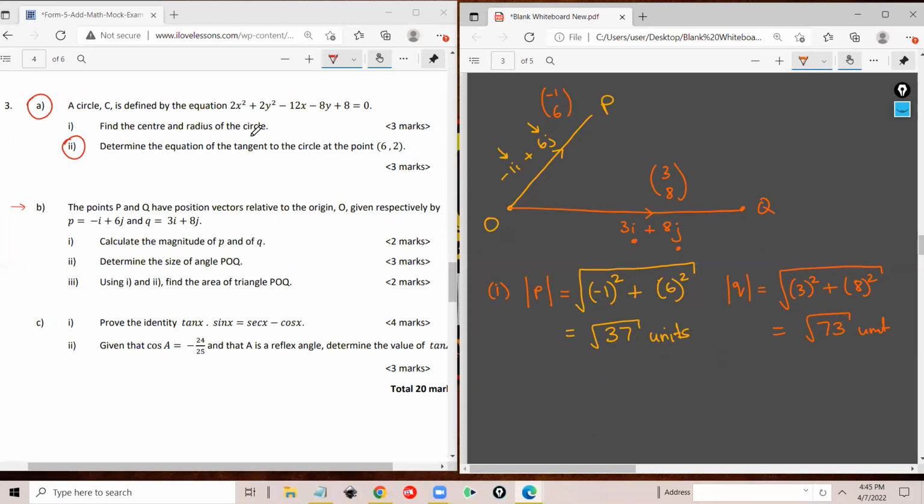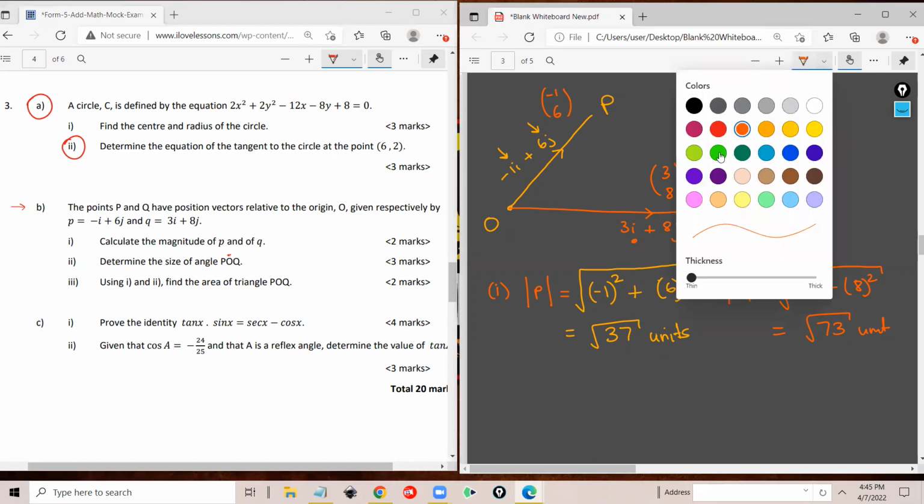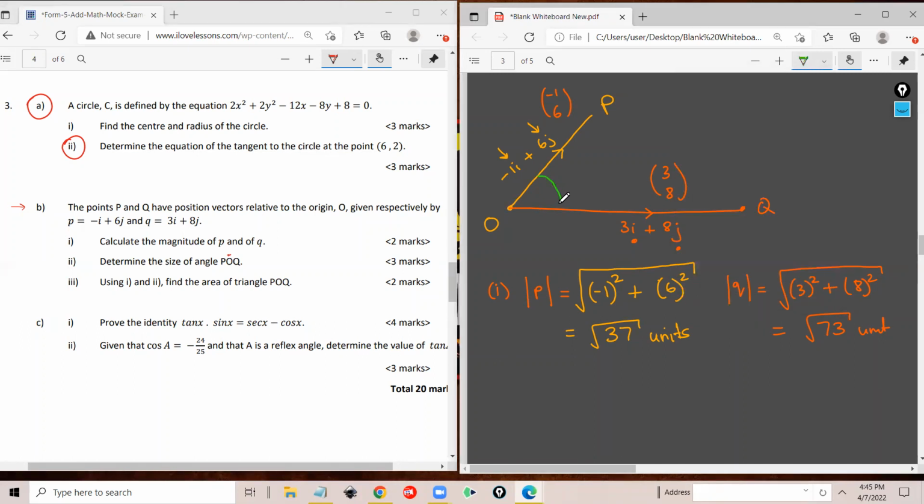All right. So moving on to the next part of the question, they want you to find the angle POQ. It's always the middle letter. That's this angle they want you to find. So whenever they want you to find an angle, pretend you are standing at the angle and pretend you have 2 cars racing out from that point.